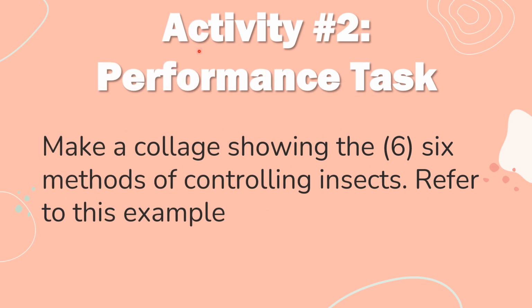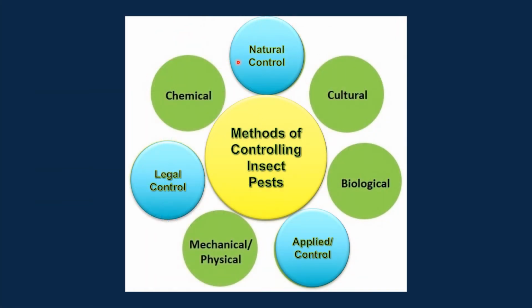And for your activity 2, this is considered as your performance task, I want you to make a collage showing the 6 methods of controlling insects. You have to refer to this example. Okay, so as you can see on this illustration, at the center of this is the methods of controlling insect pests.